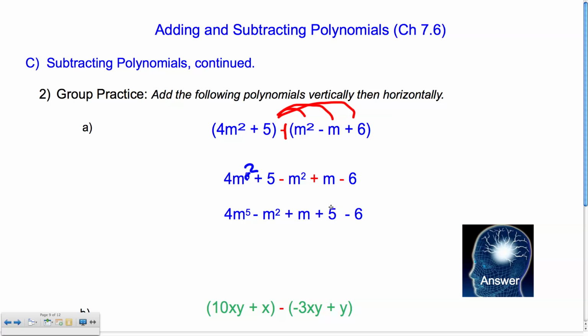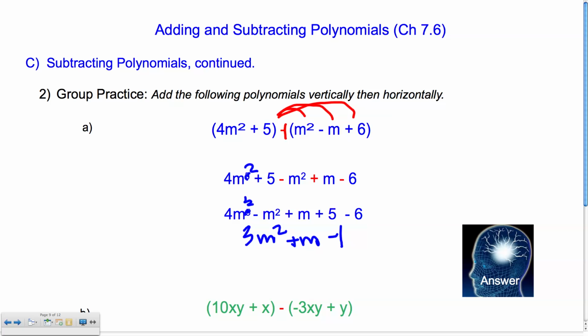And then last but not least, I treated it as if it was a m to the 5th. Well, we can, I guess, keep it going one more. That would be a 2. And so then, therefore, what we're going to get is 3m to the second plus m, and then minus 1. So either way, I needed to put that last step in there because I didn't put plus 5 and minus 6.